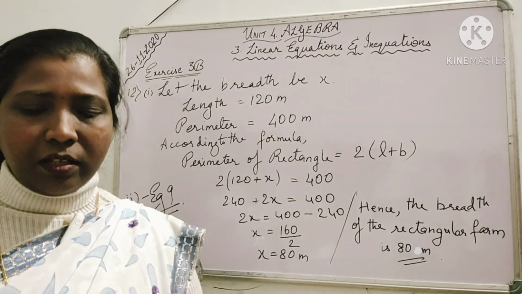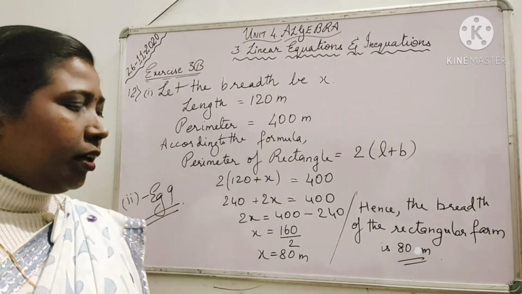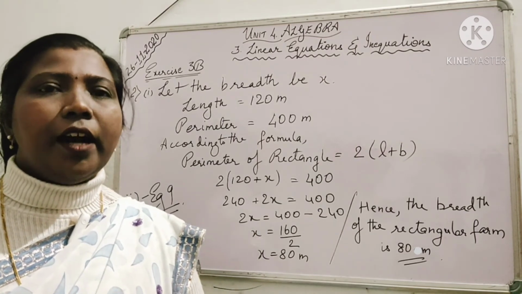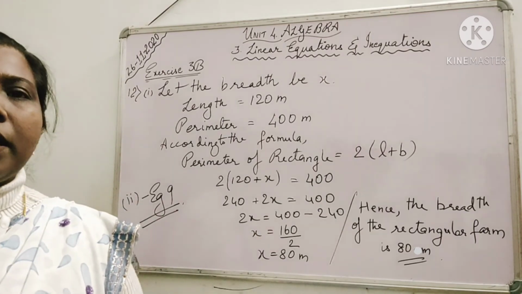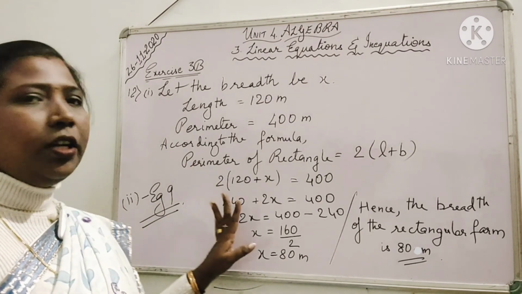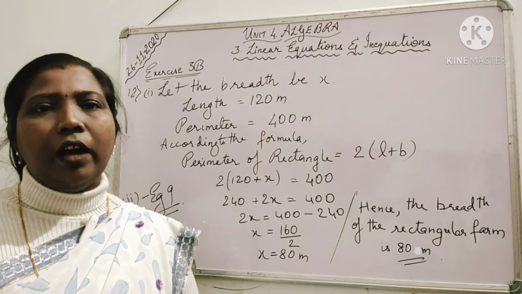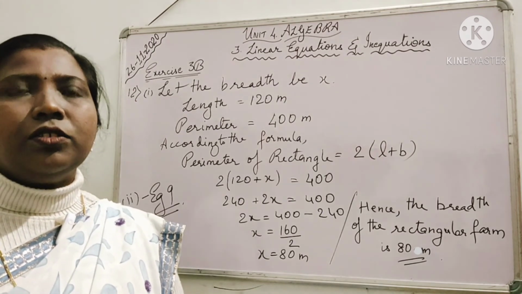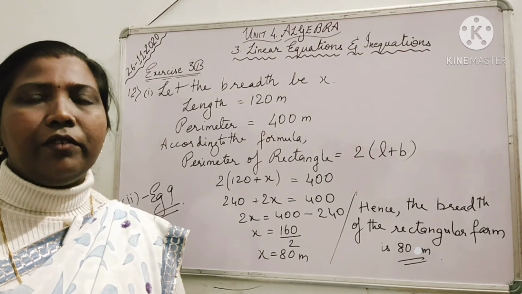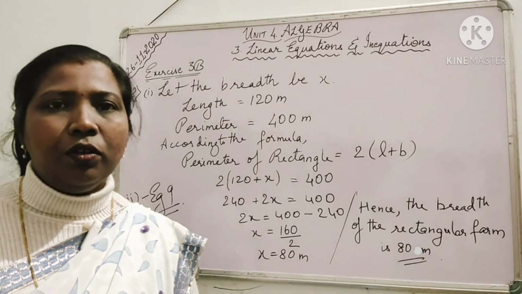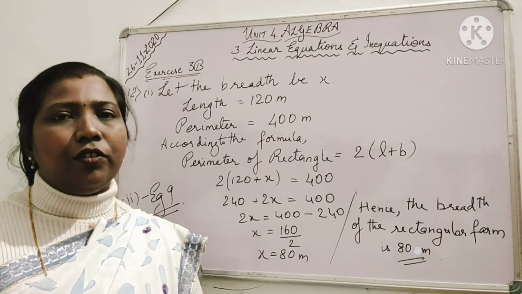When I started this chapter, at that time I clarified that the inequation exercise is not there. So up to here the portion is completed, your syllabus is completed, and we can start a short revision. Every day we will have a revision, and by the side we will have the third term portion also. Okay students, so have a good day, take care.